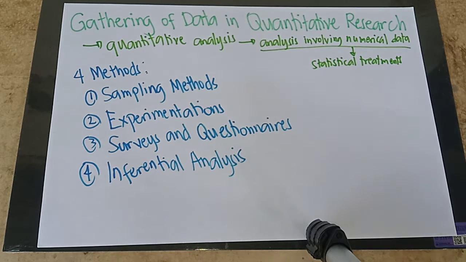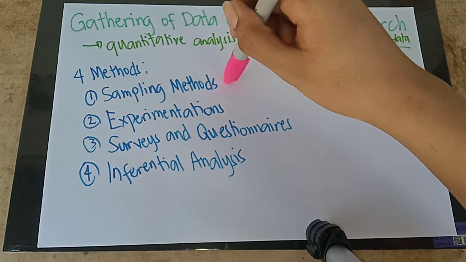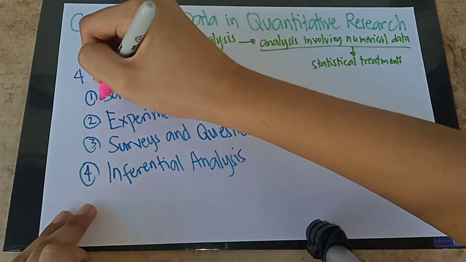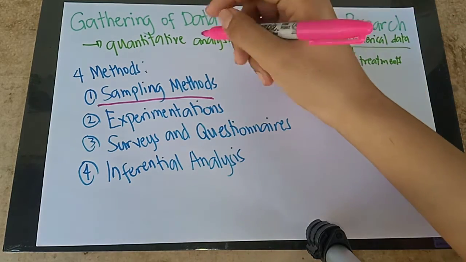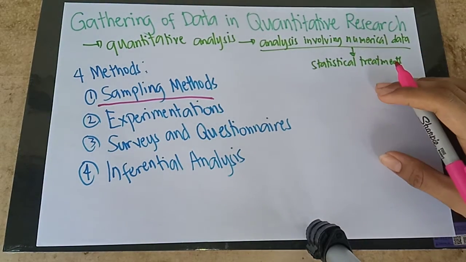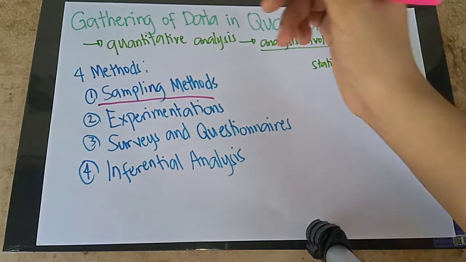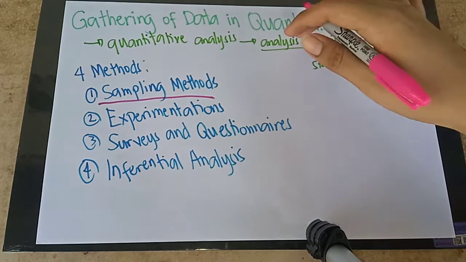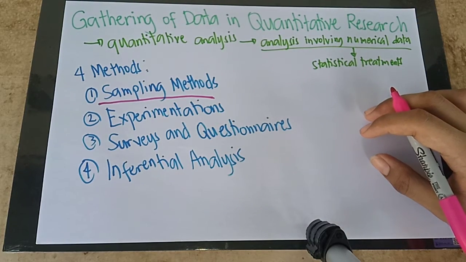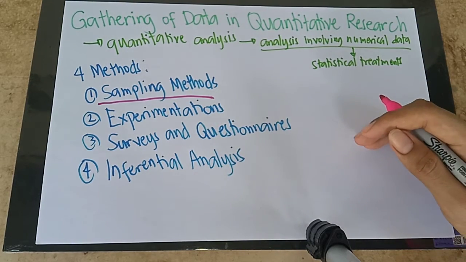Let us first start with the sampling methods. What do we mean by sampling methods? Actually, sampling methods are very unique in quantitative research because by the use of sampling methods, we can identify one characteristic of quantitative research, and that is by using samples derived from a population.